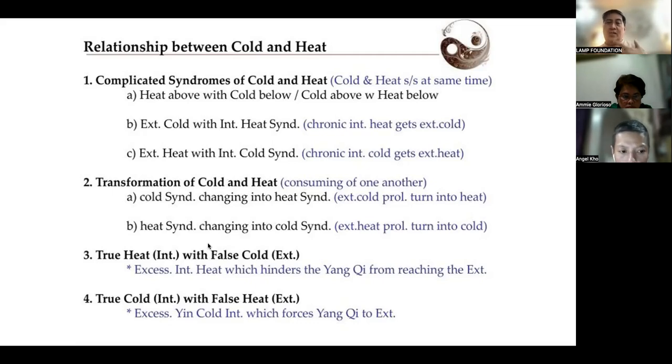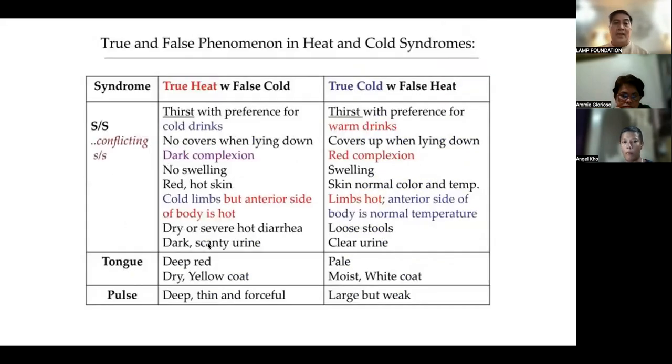True cold, which is interior, with false heat exterior: excess yin cold interior, which forces the yang qi to exterior. Kaya naging cold yung interior. Diba? Siyempre, pag malamig ng interior, ilalabas niya ngayon yung yang qi sa exterior, sa extremities. Do you follow?